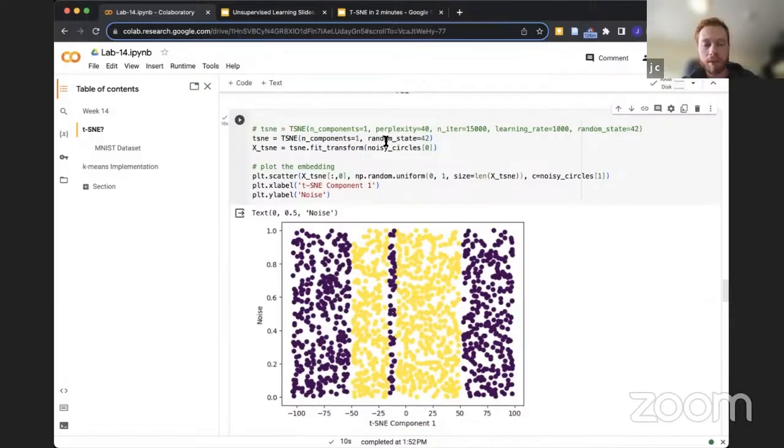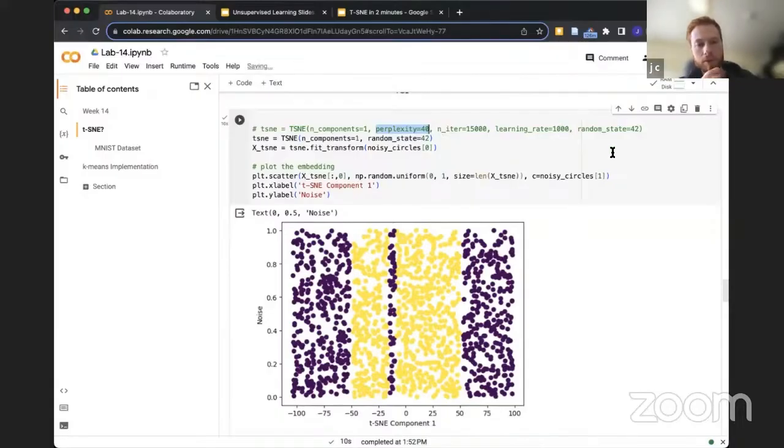So T-SNE is quite susceptible to its hyperparameters, mostly perplexity, and how long we let it learn.